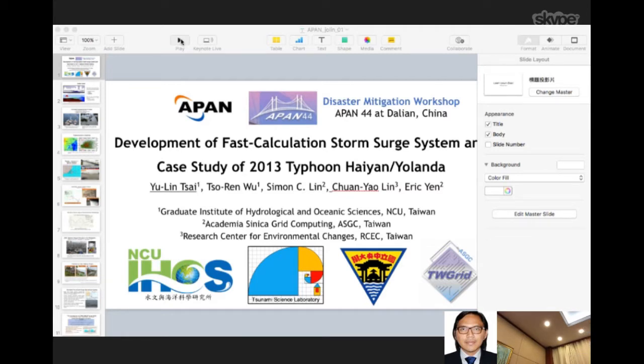One very famous case of inundation induced by storm surge happened in the United States of America in 2005, Hurricane Katrina. In the left picture, these are the buildings and these are the roads. The blue bodies are the water. It means that in these regions, the storm surge flooded these areas.